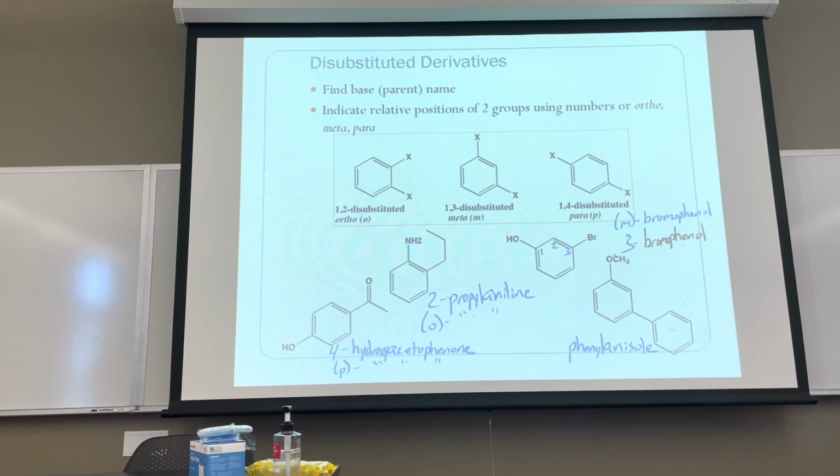So it would be phenyl anisole. And again, if you want, you can use the numbers, which would be 3-phenyl anisole, or if you prefer, meta-phenyl anisole. All right. Any questions on these?